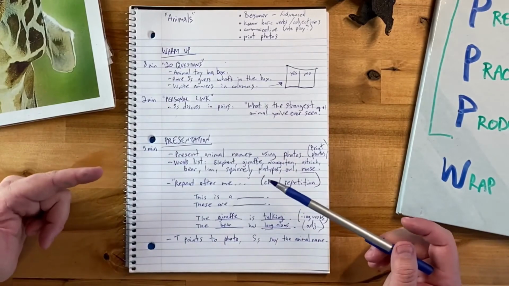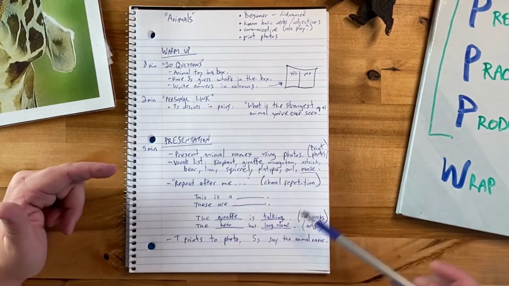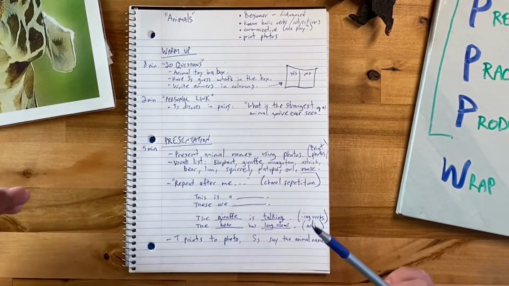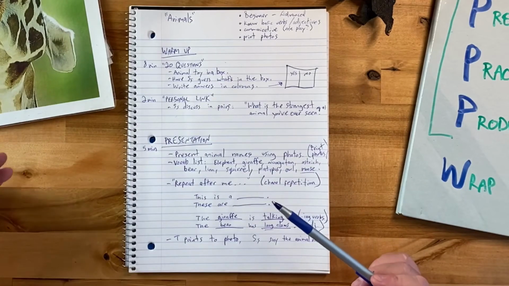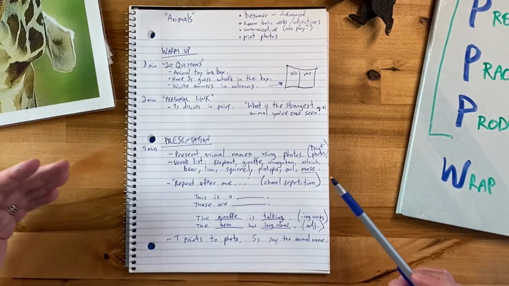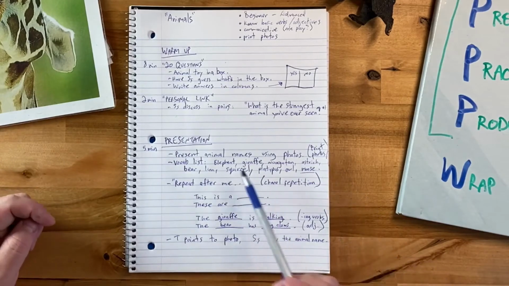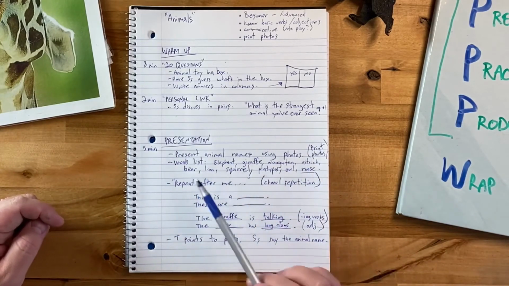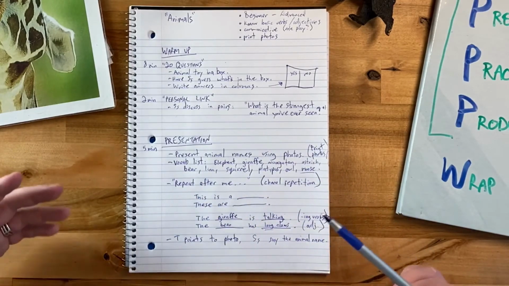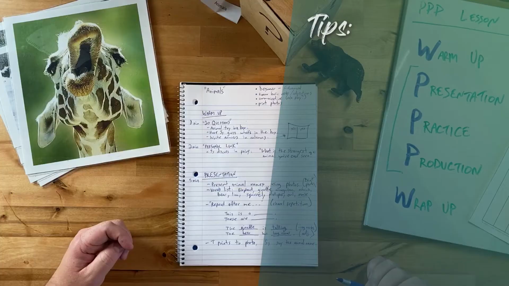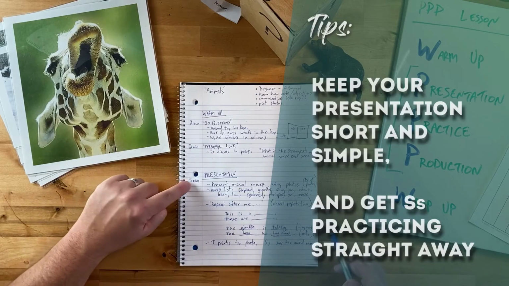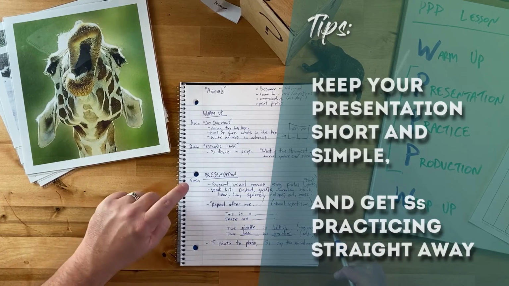Now, some teachers will take 20 or 30 minutes just to do this, but I actually want to move rather quickly through this part of my lesson and get my students practicing and playing around with this language and trying to create their own sentences. So I'm going to challenge myself to 5 minutes.